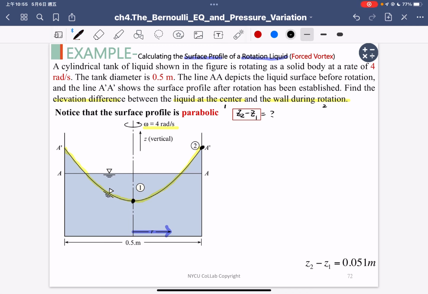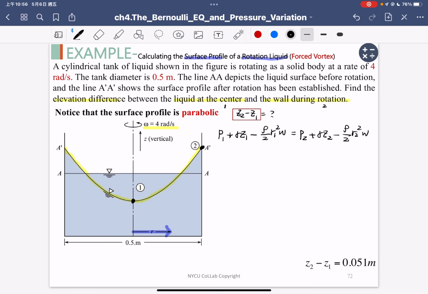The Bernoulli equation for rotating flow is P1 plus γ Z1, and the most important thing is the minus here, minus ρ over 2 times R1 squared, and we have the same omega, equal to P2 plus γ Z2 minus ρ over 2 times R2 squared times omega squared.